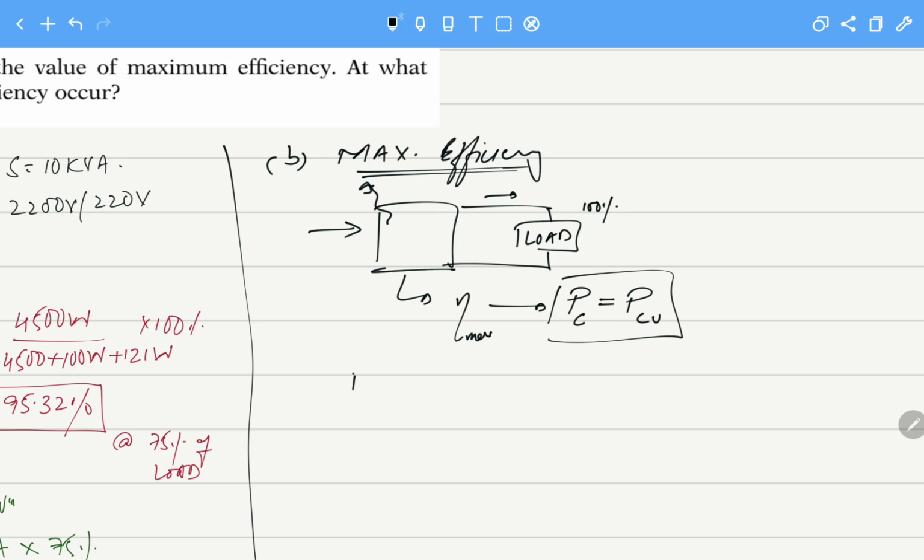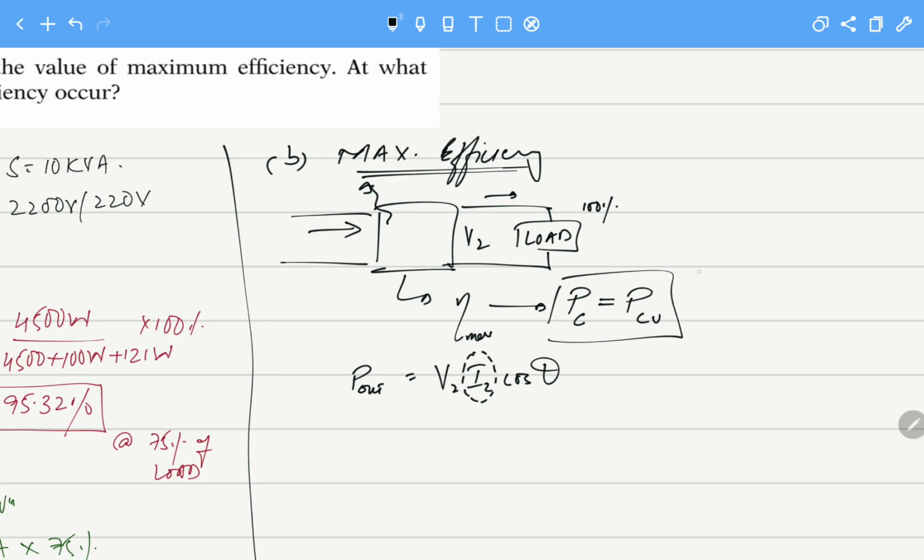So what we are trying to find out here is, we know that the P out for the transformer is here, for example, this is the secondary, the low voltage side in our case, I2 cos theta. The first condition is that we have to determine how much current the output should have to give maximum efficiency.